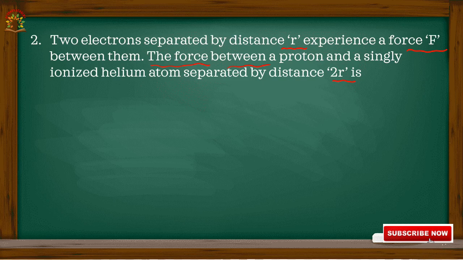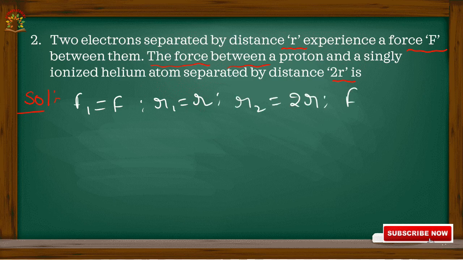Let us come to the solution. First we will write F1 is equal to F, assuming that, and R1 is equal to R and R2 is equal to 2R. You have to calculate F2.